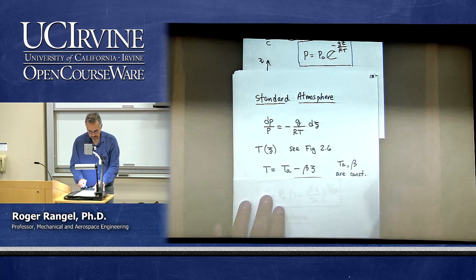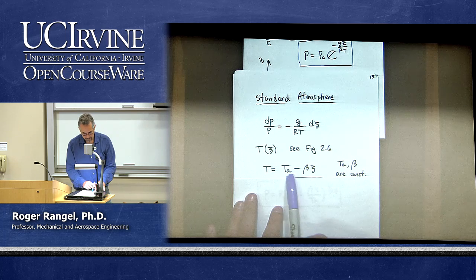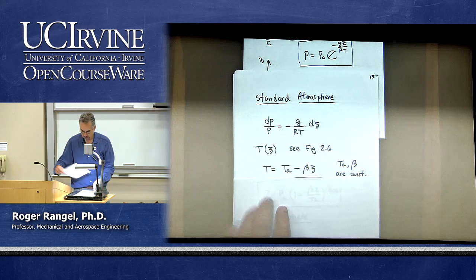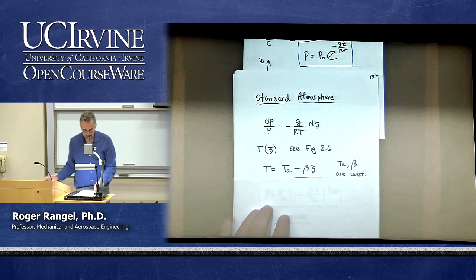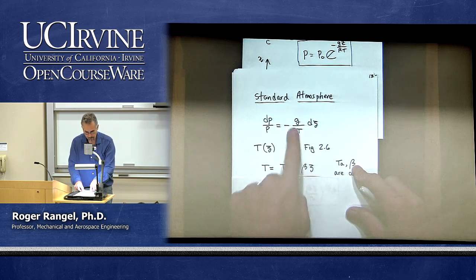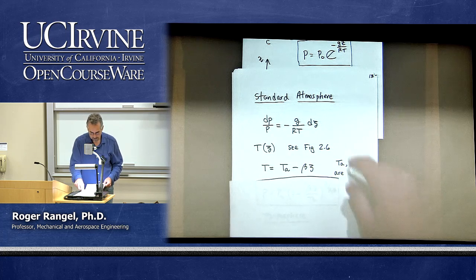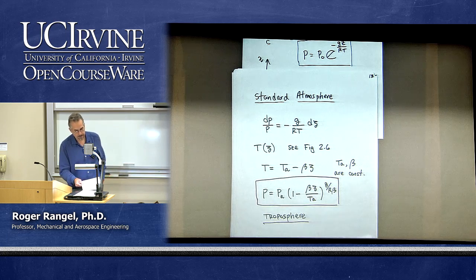You can say that in the troposphere, the temperature will be the surface temperature, T sub A, minus beta z, where beta is the slope of this straight line. So you can put that into this equation for the temperature, and go ahead and carry out the integration.